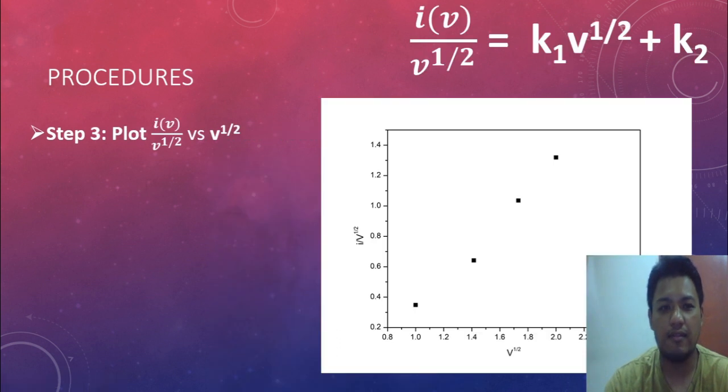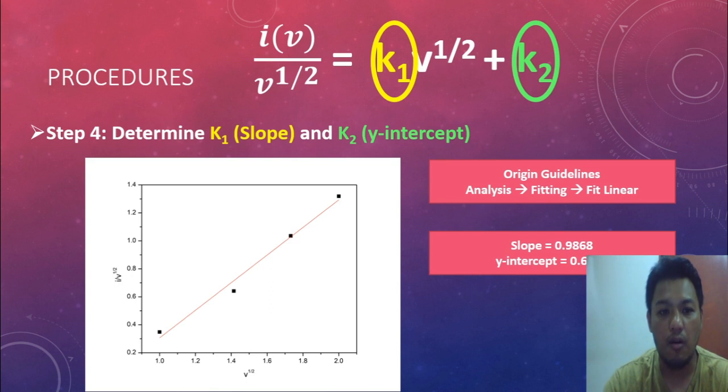Okay, next is the procedure. So we want to have a plot of I versus V to the power of half, meaning the current versus the scan rate to the power of half. So you can get this step to get what we call the K value, K1 and K2 values.